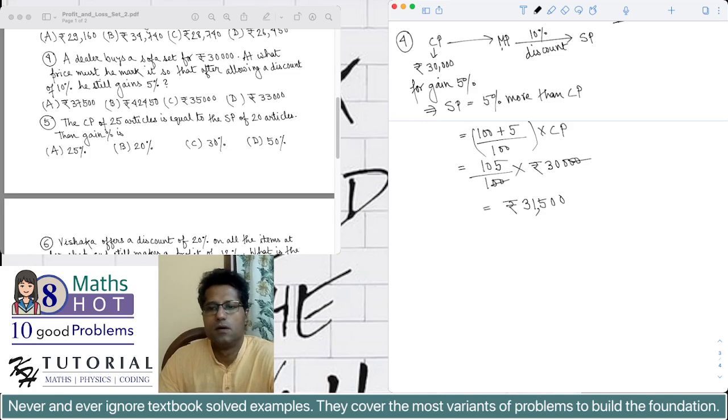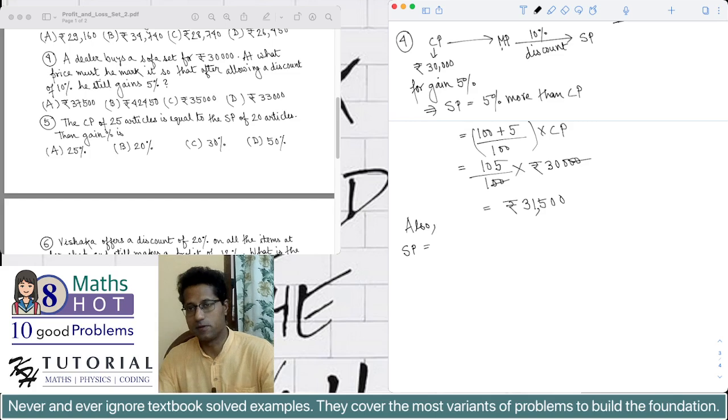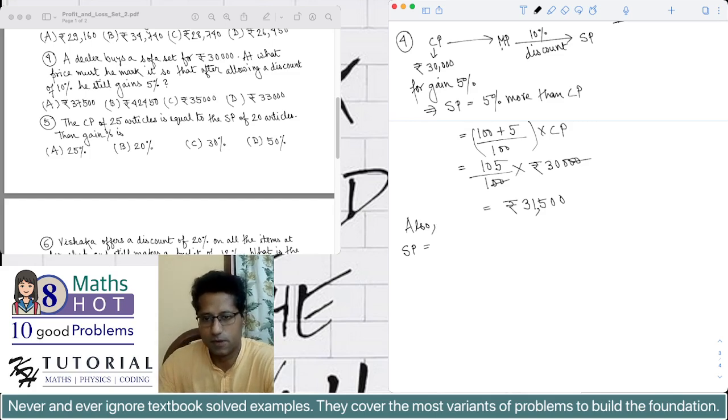Also we can say selling price is obtained by applying a 10% discount on mark price. So we can say selling price will also be equal to 10% less than mark price. 10% less than mark price means 100 minus 10 divided by 100 multiplied by mark price.